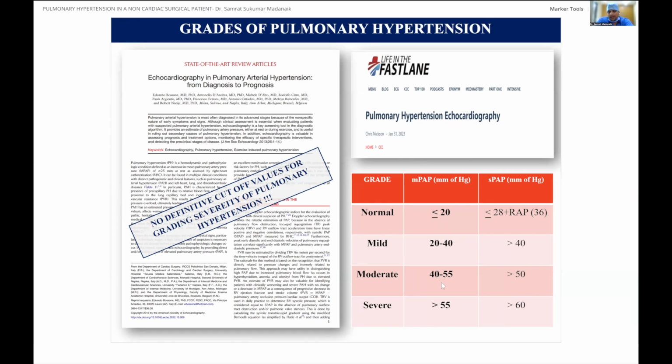Patients who have mean pulmonary artery pressures between 40 to 55 are classified as having moderate pulmonary hypertension. And patients who have mean pulmonary artery pressures more than 55 are classified as severe. They can also be classified based on systolic pulmonary artery pressures, but this is rarely used. Basically, they are classified based on the mean pulmonary artery pressures.